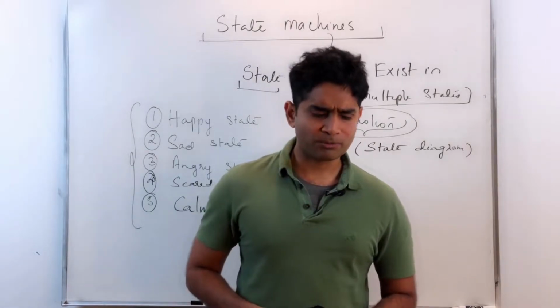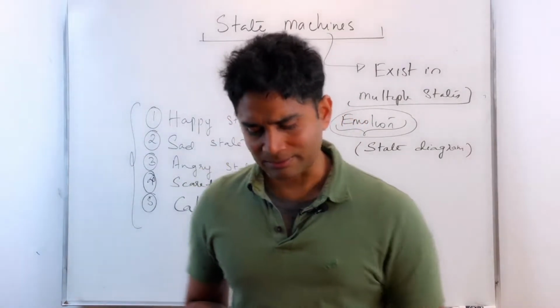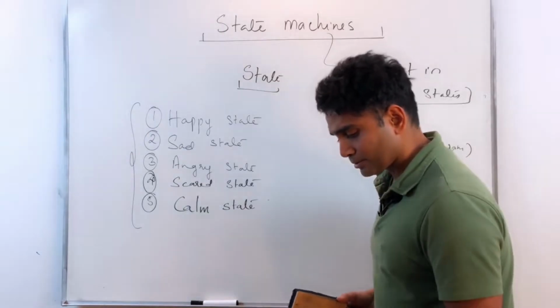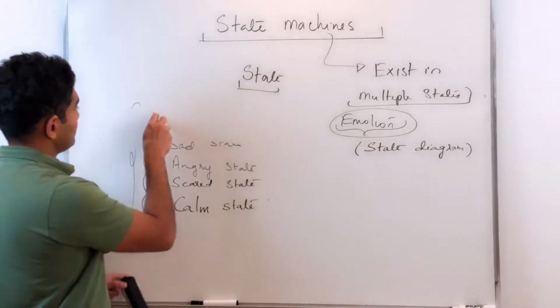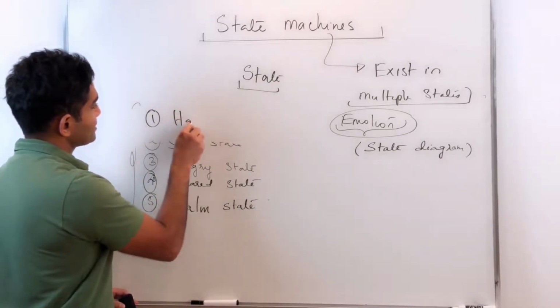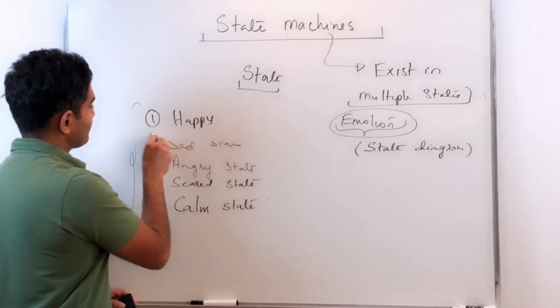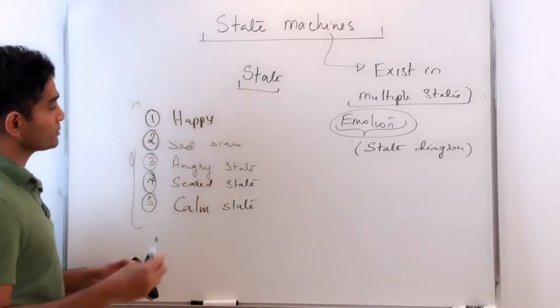And what is the determining factor that determines the changing state? Let me see if I can get an answer from you guys. Okay. So let me put the information down. We have happy state. So we are working at this time with 5 states, of course.